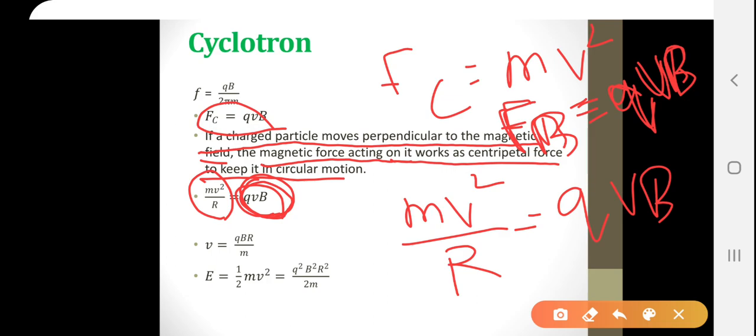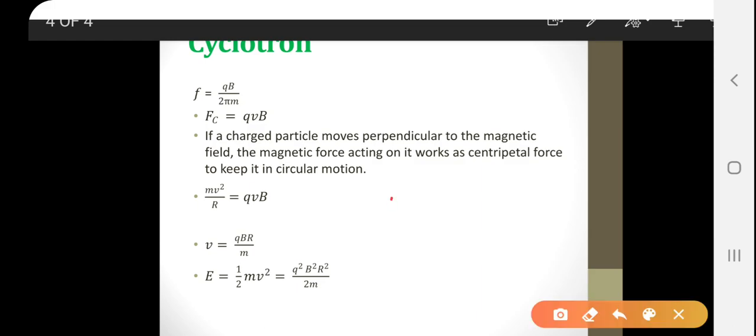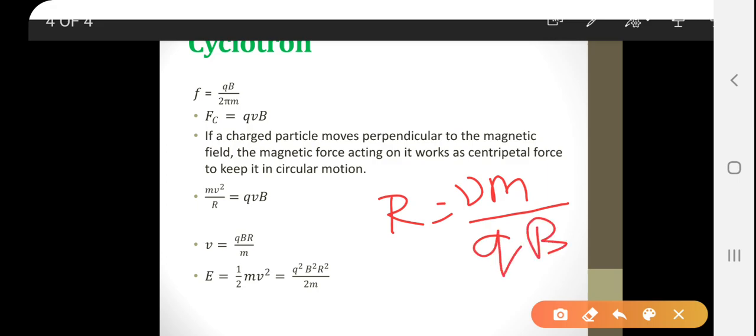Now we can calculate the velocity of the charged particle using this equation, and we can also find the radius of the charged particle by r equal to mv by qB.